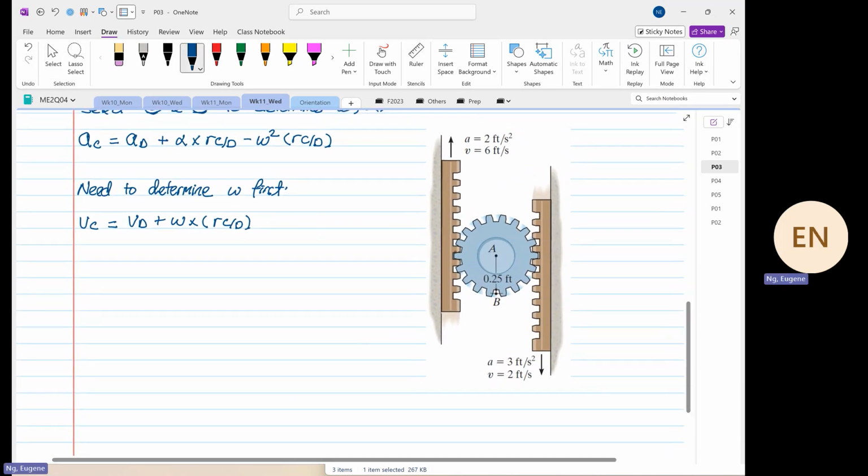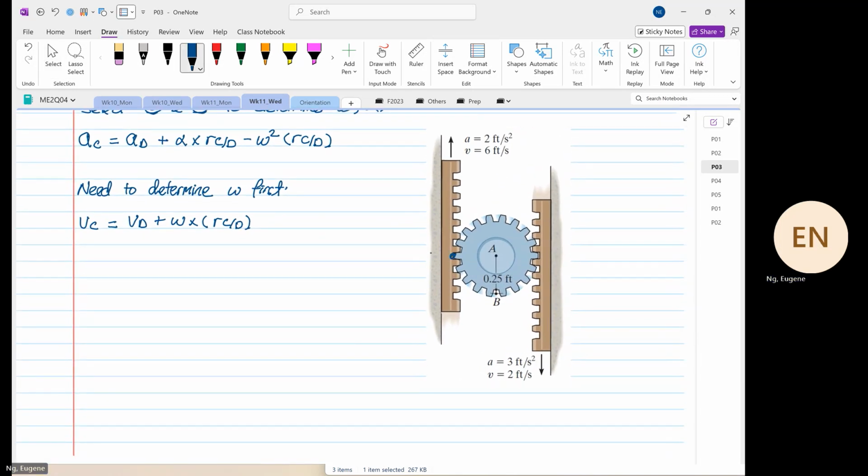We call this over here our point C, over here our point D. So velocity of point C is 6J, and D is minus 2J.